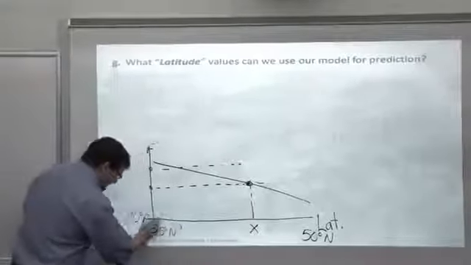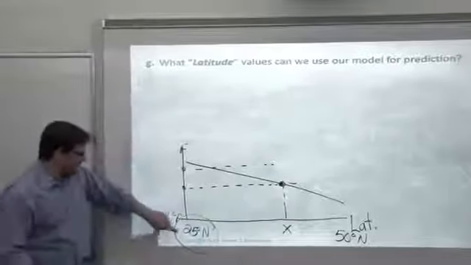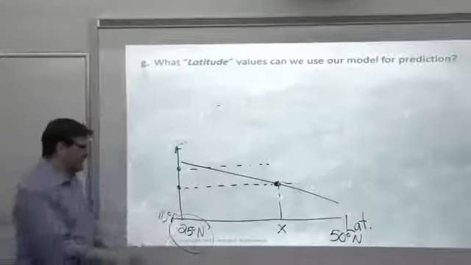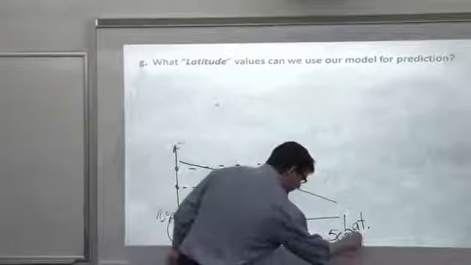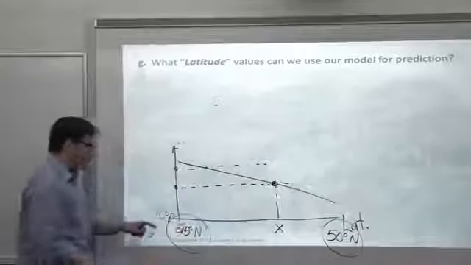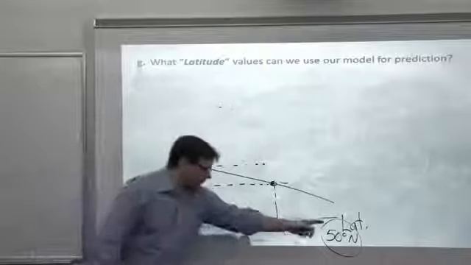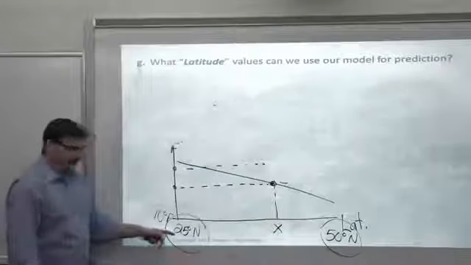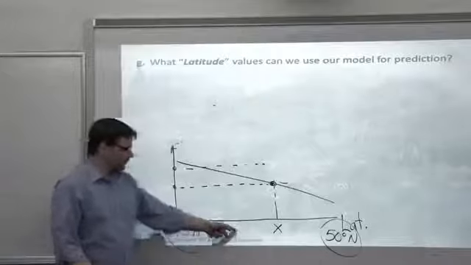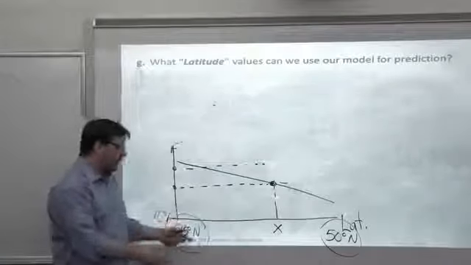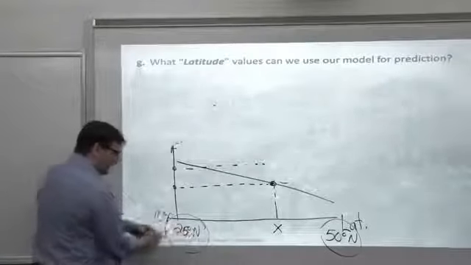If you check on the map, our most southern points are about 25 degrees north. If you check the map, our most northern points are about 50 degrees north. If you'd like to use our model for prediction, anything in between, no problem. 26.2, 41.99, whatever. Okay? But what we don't want to do is extrapolate.